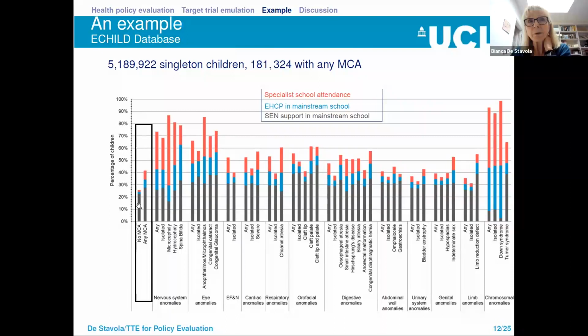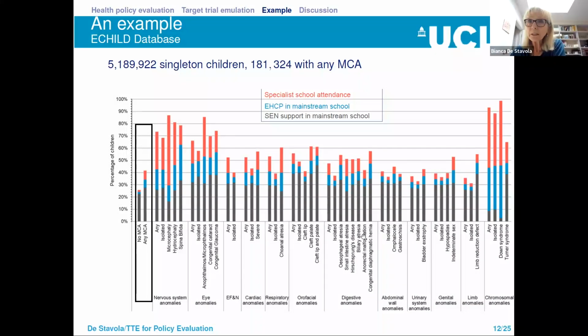The different colors represent: gray, the lowest level of support, which is in mainstream school at class level; blue is in mainstream school but with an EHCP, which is extra educational support; and red is special school attendance. And you can see there is a differential there.